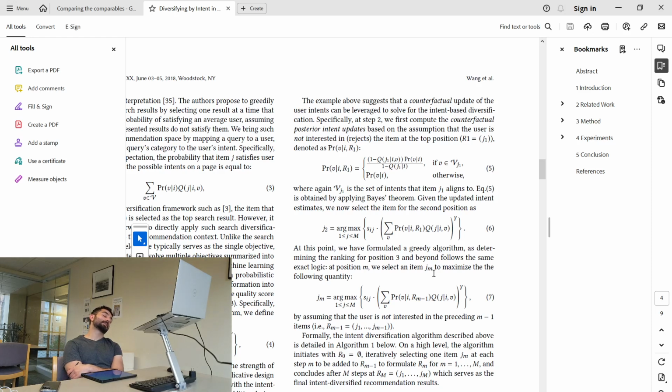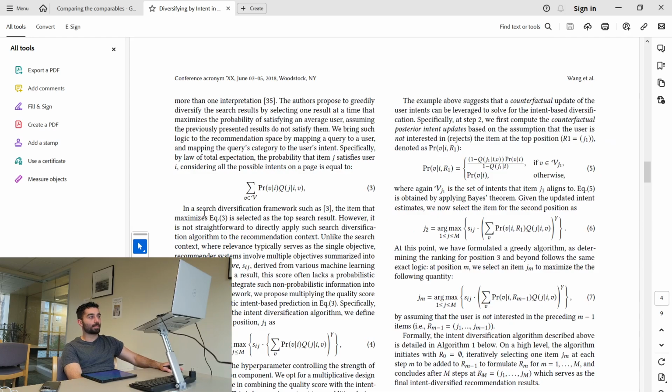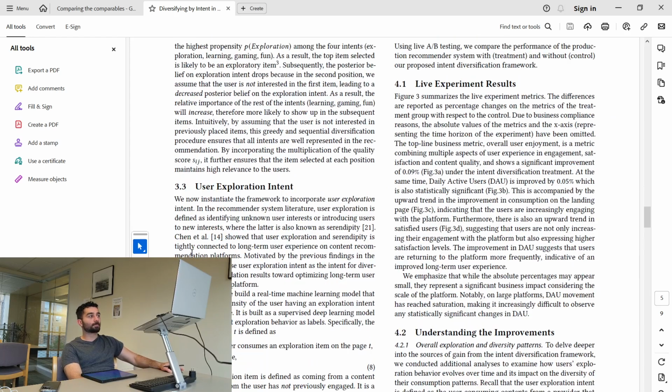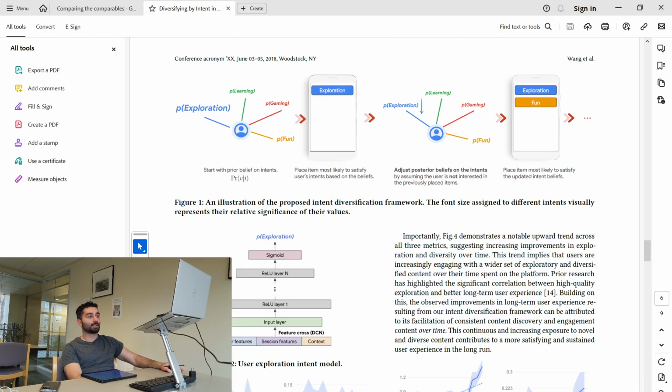So what is the difference if it is the case? What is the difference? I think with this paper, we should just come up with an algorithm to diversify, and then it's just running live experiment result and understanding what's up.